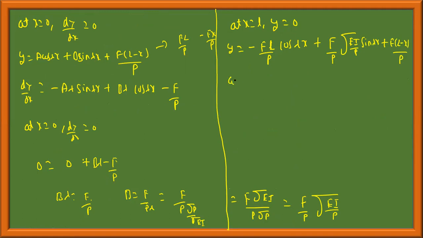At x is equal to L, y is equal to 0. Therefore 0 is equal to minus fL by p cos root(p by EI) into L.